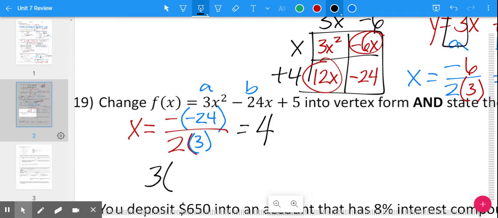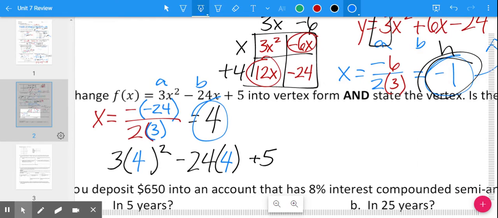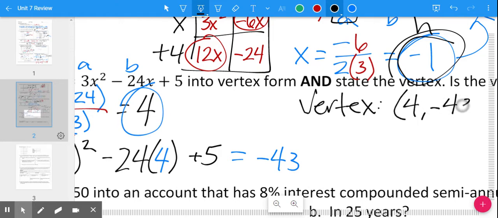When you plug it back in, so we're plugging in that 4 for x, it gives us negative 43. So the vertex is at 4, negative 43.